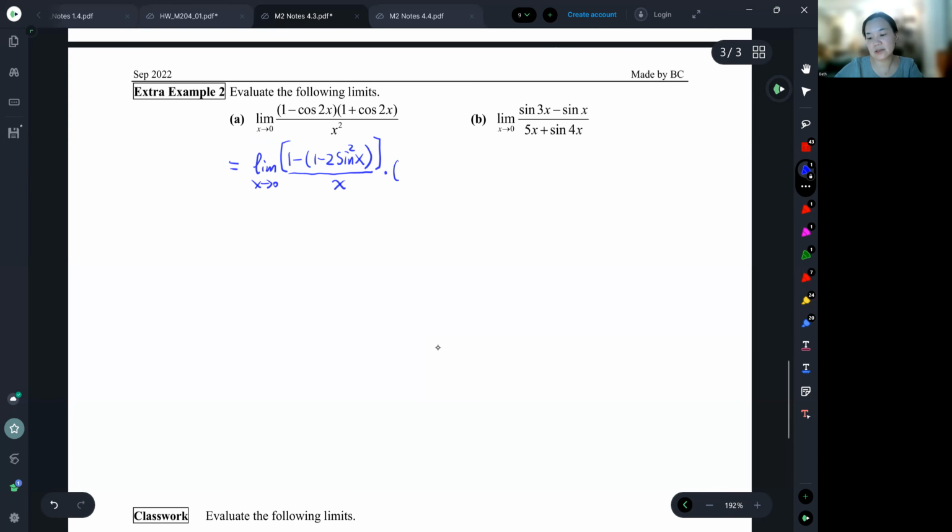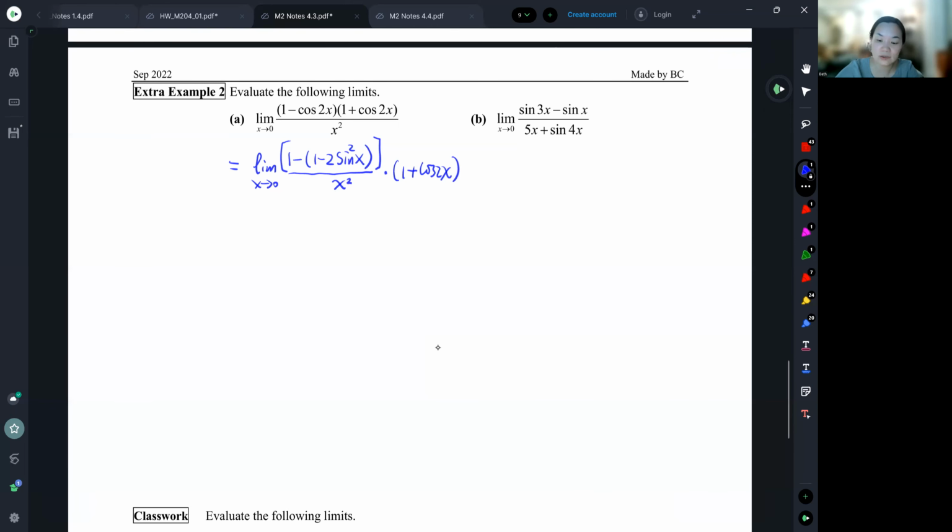Now, what do I mean by this function is fine? This function is continuous at 0, so I'll just leave it alone. The only part I need to deal with is this divided by x squared.